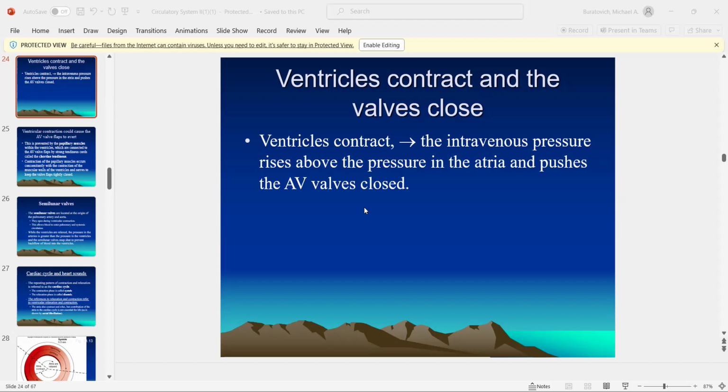On the pulmonary side, it'll be about 25 torr. The ejection then begins, and as it begins, ventricular volume will tank pretty quickly. And this constitutes the ejection phase, or the ventricular ejection phase.